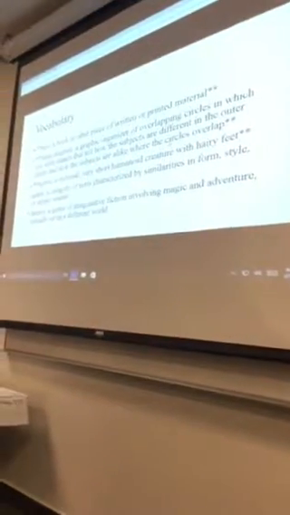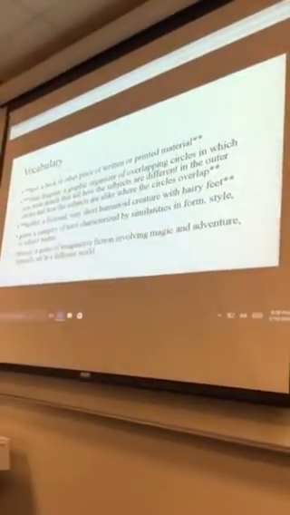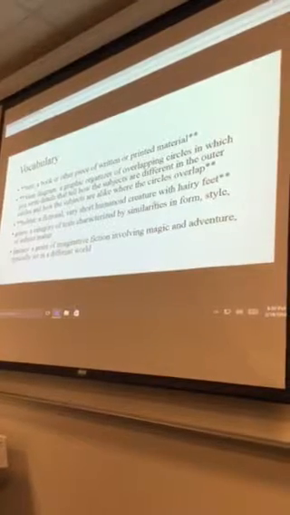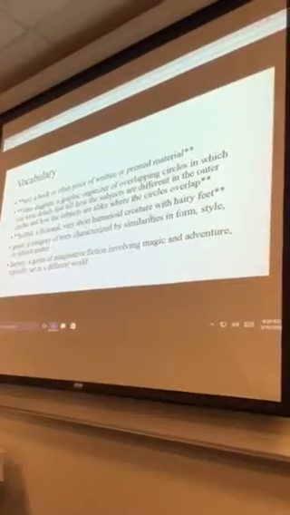All right, and vocabulary that you probably know, but we'll just go over just in case. A text means a book or other piece of written or printed material, so that could be like art or a film, not just a book.